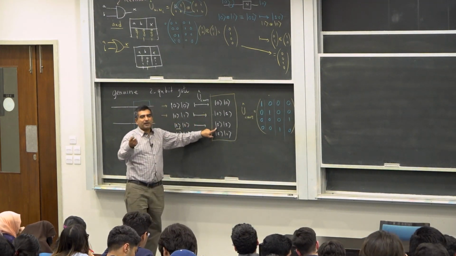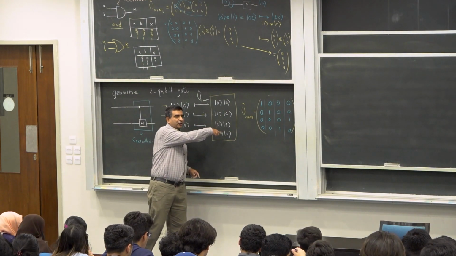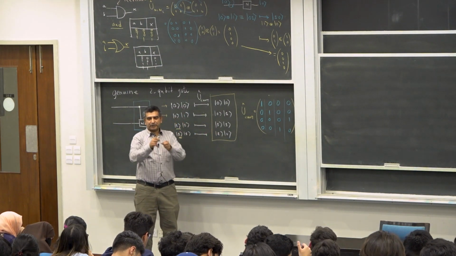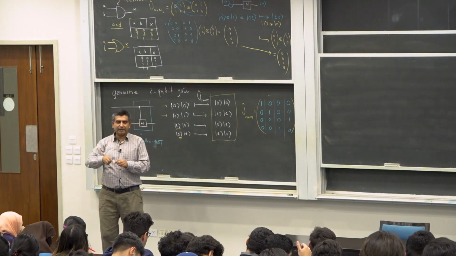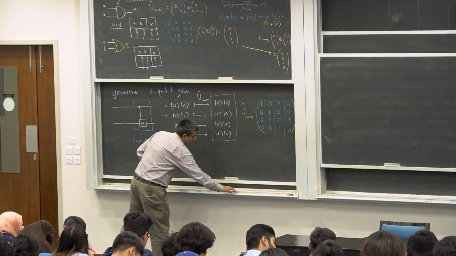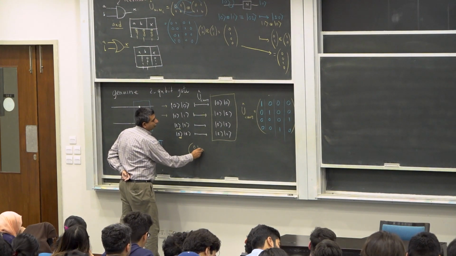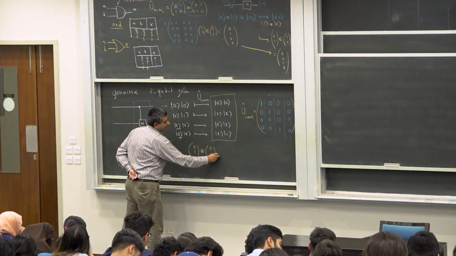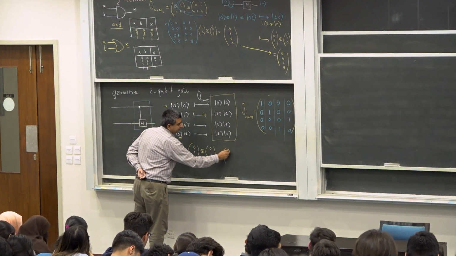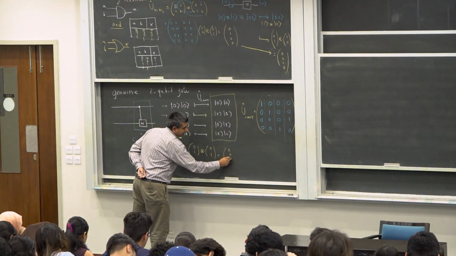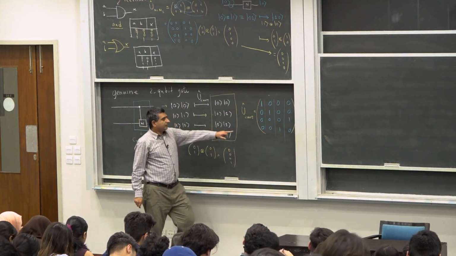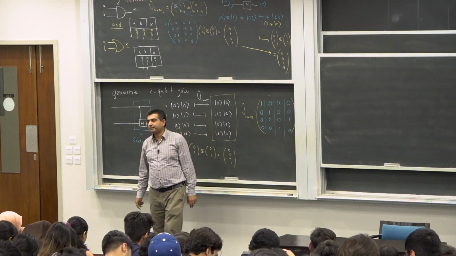The third column, however, is ket 1 crossed with ket 1. And you would like to write a column vector for this. If you want to do it explicitly, this term is 0 1 crossed with 0 1, which is 0 multiplied with both of these terms, 1 multiplied with these terms. So 1 falls off at the bottom.